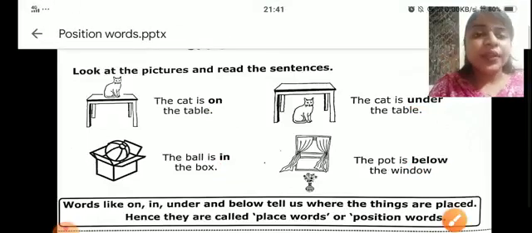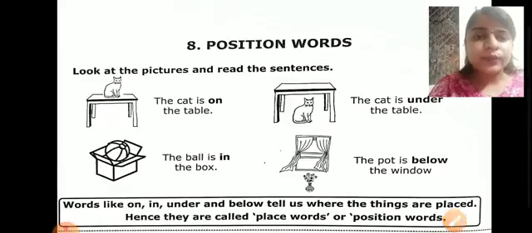Now I am going to read the definition for you. What is a position word? Now words like on, in, under and below tell us where the things are placed. Hence, they are called place words or position words.